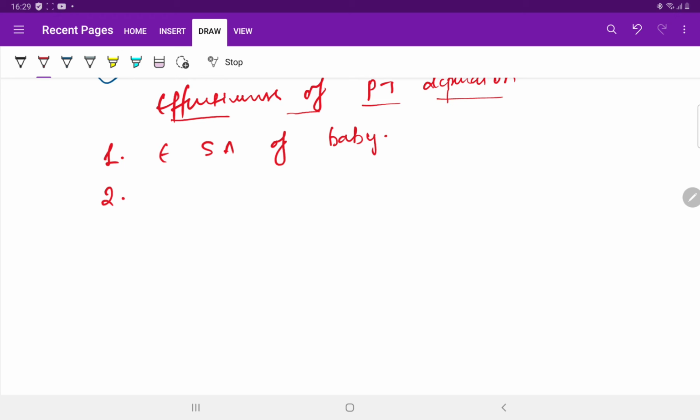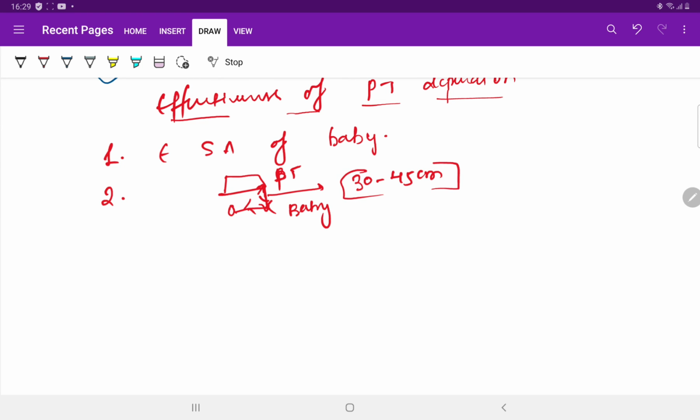The second thing is the distance between the baby and the phototherapy unit. The most appropriate distance is about 30 to 45 centimeters. 15 centimeters is one scale, so 3 to 4 scales; just this is how I have tried to remember it.